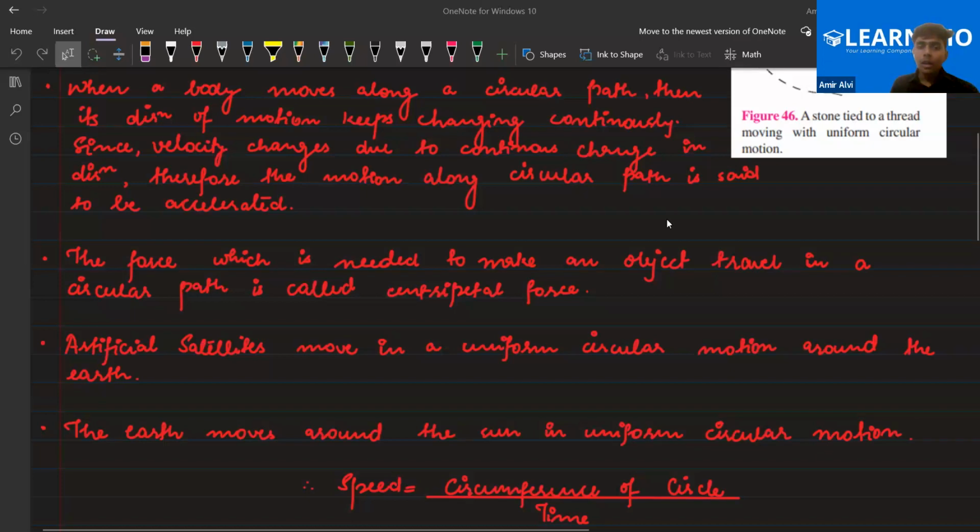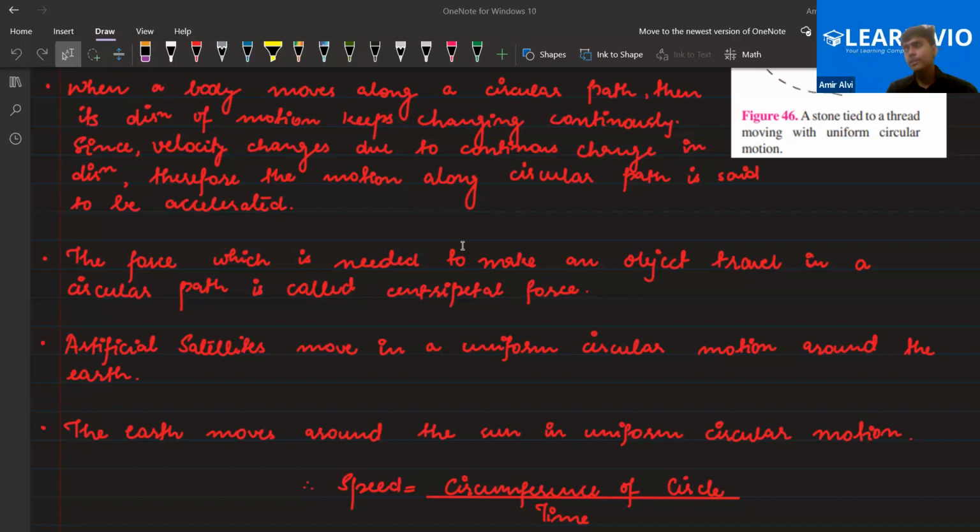Artificial satellites, the revolution of the Earth around the sun, the revolution of the moon: all these things are based on uniform circular motion. Have you ever heard that the Earth completes its revolution in 365 days?